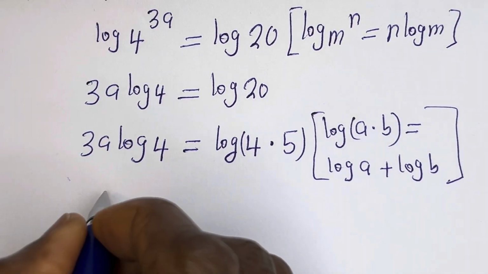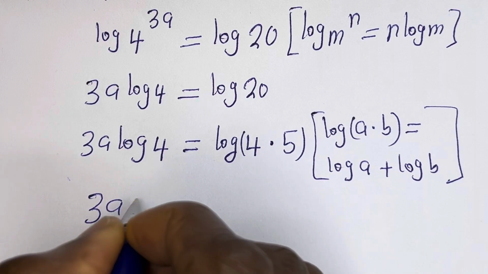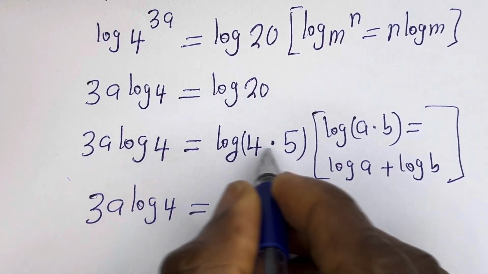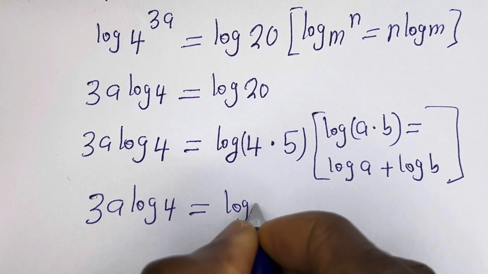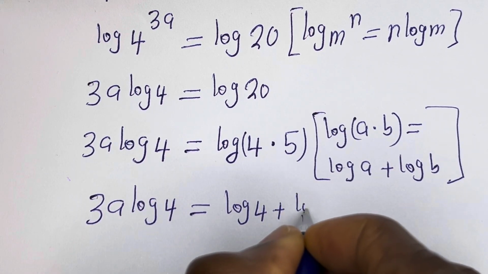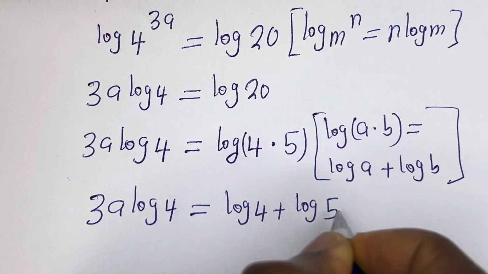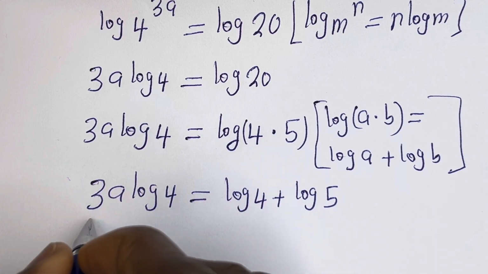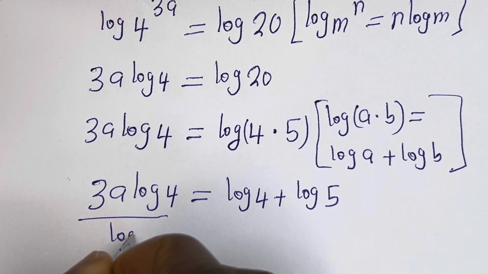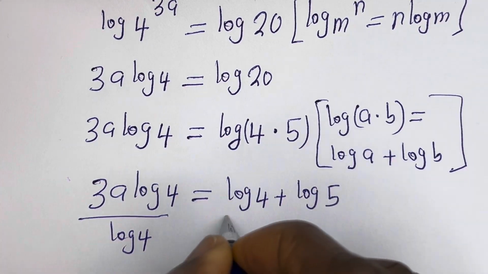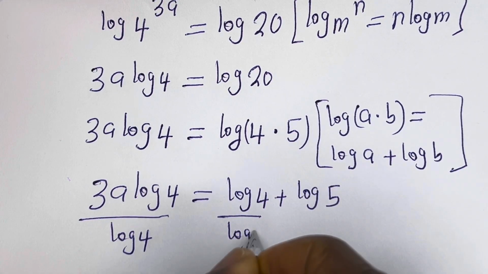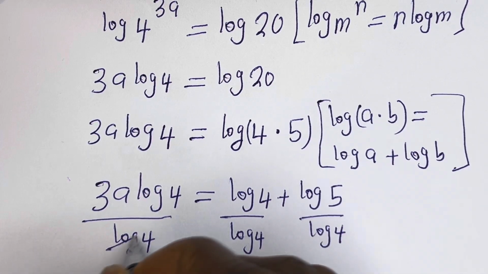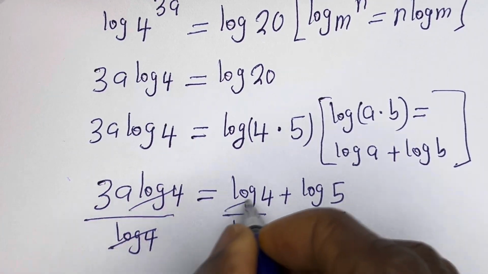Then this can be written as 3a log 4 is equal to log 4 plus log 5. Let's divide both sides of this equation by log 4. This divided by log 4, this divided by log 4, and this divided by log 4. This will cancel this. This will cancel this.